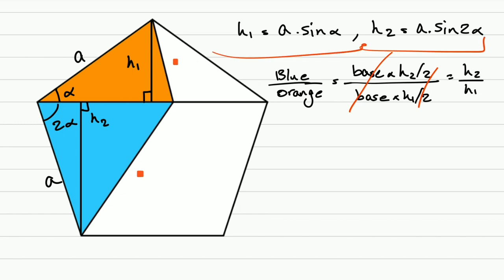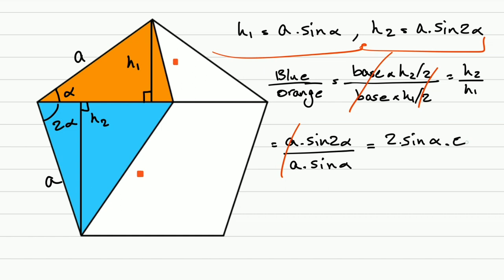And now we replace this. We have a times sine of 2 alpha divided by a times sine of alpha. Again, we simplify and we replace sine of 2 alpha with this, 2 times sine alpha times cosine alpha. It's a formula. Divided by sine alpha. And this will be 2 times cosine alpha.